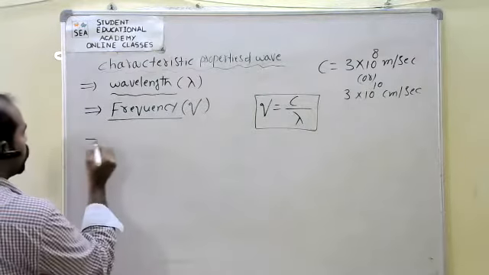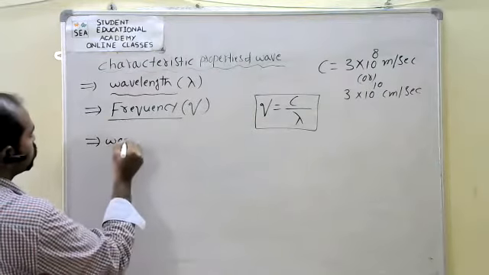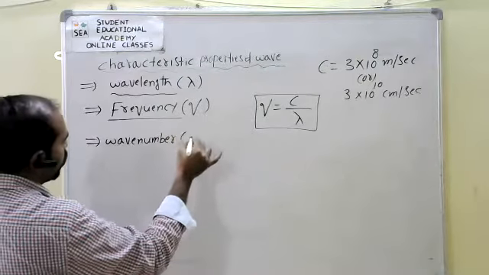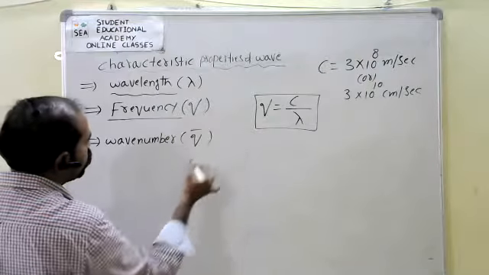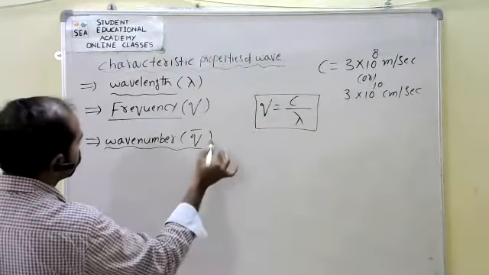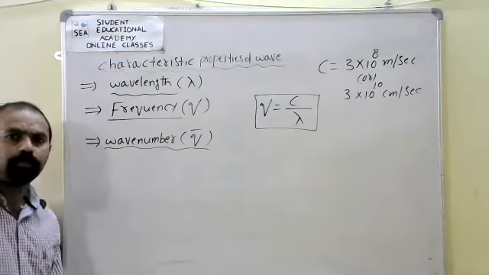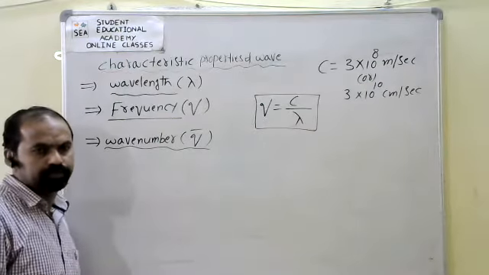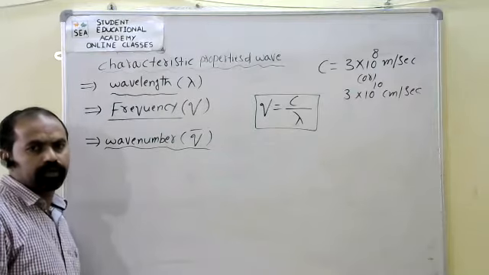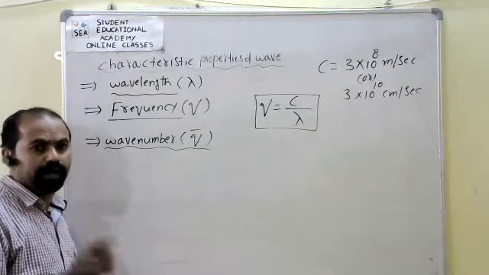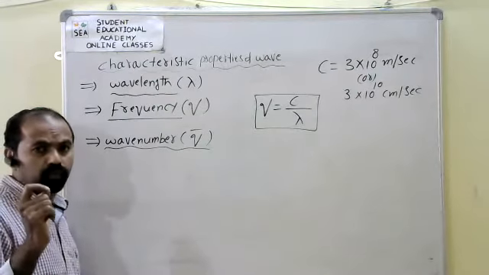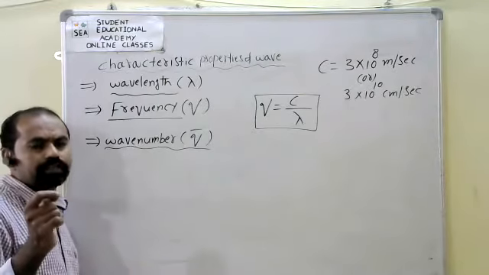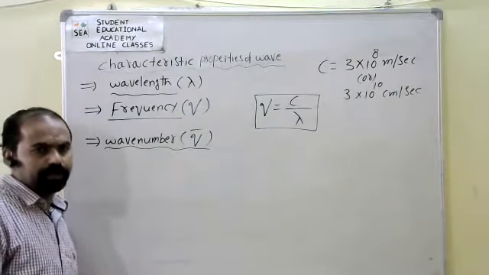After that, wave number. It is denoted by nu bar. That is one of the important characteristics of a wave. What is called wave number?